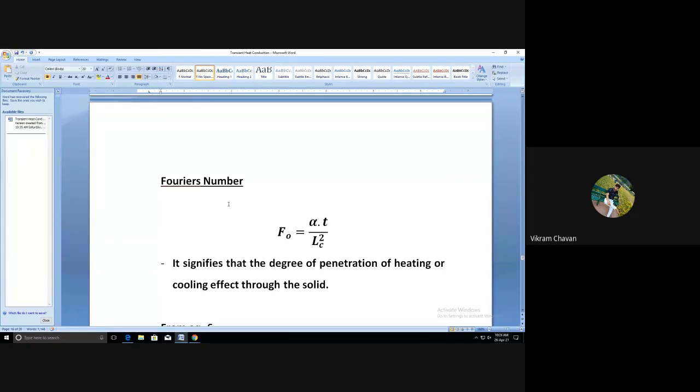It signifies the degree of penetration of heating or cooling effects through the solid.